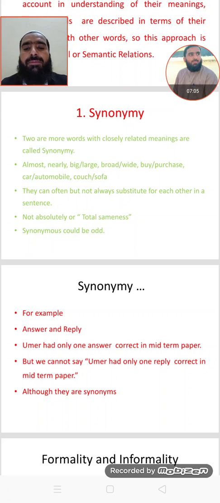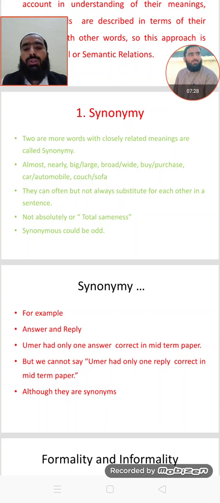They can often but not always substitute for each other in a sentence. Remember students, this is very important. Although they have a synonymous relation, this relation can often be useful but not always. Why?